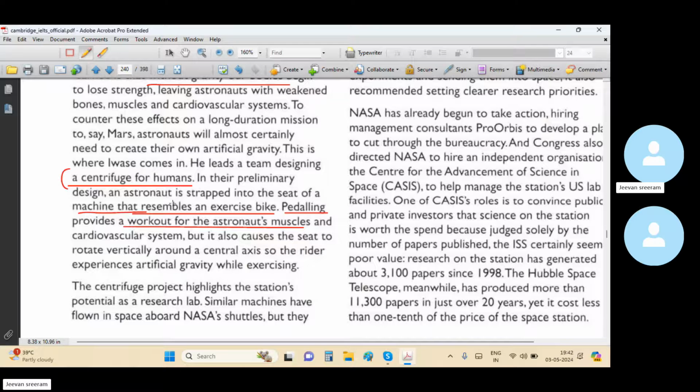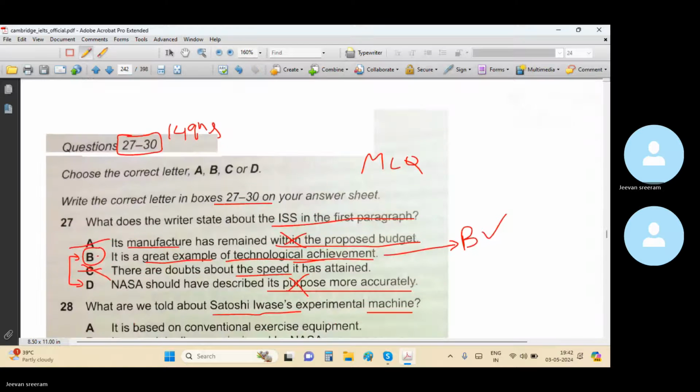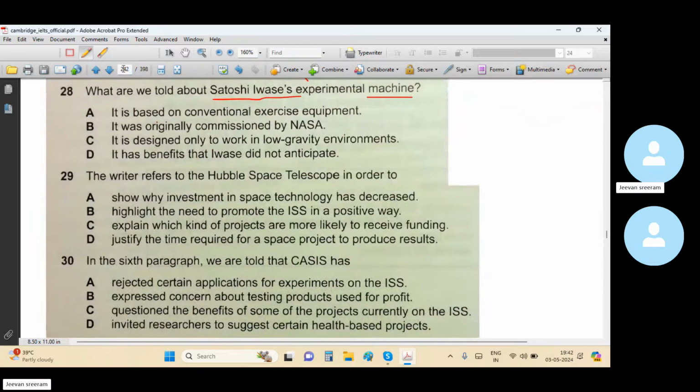These phrases are enough to answer the question, right? So these are the proof lines. It resembles an exercise bike.